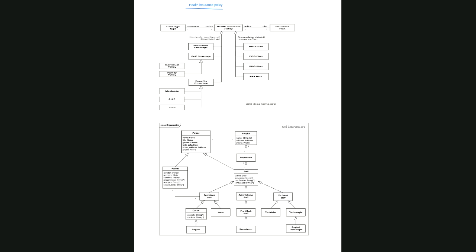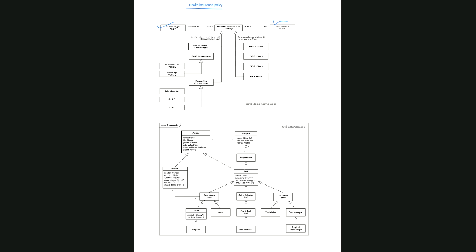This is the private coverage type. Coverage can be job-based, public and private, together with health insurance plans described on the website of the US Department of Health and Human Services, healthcare.gov.